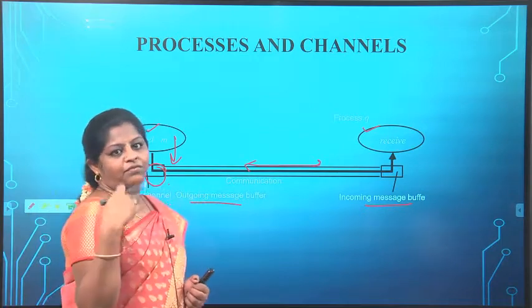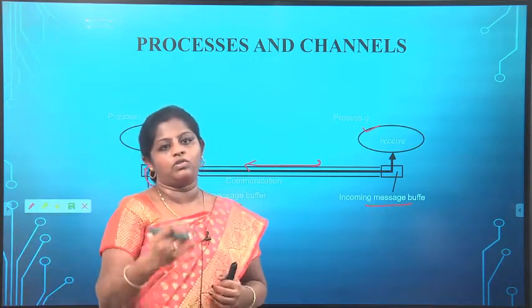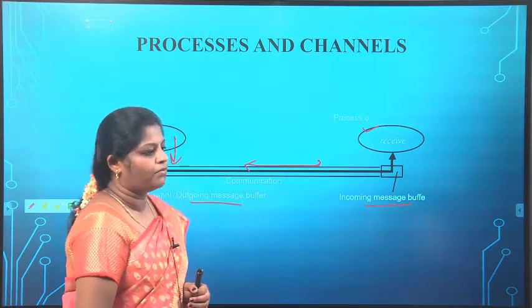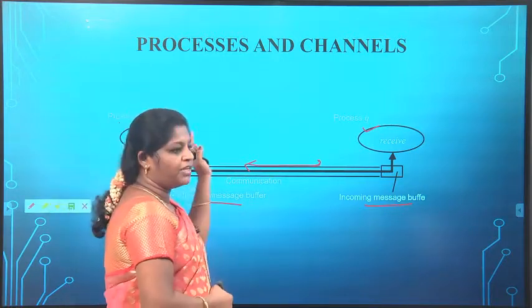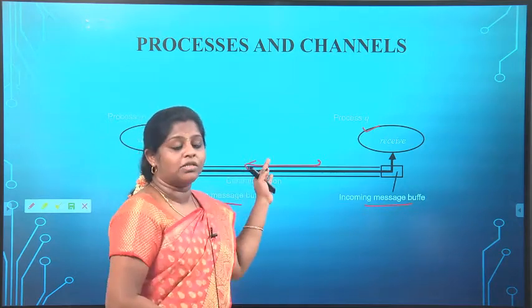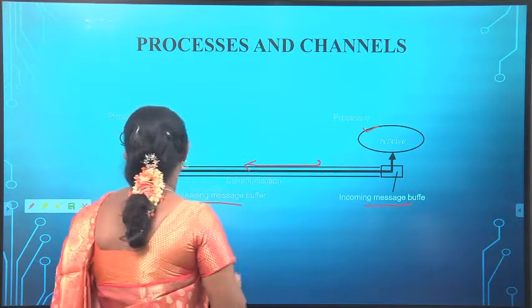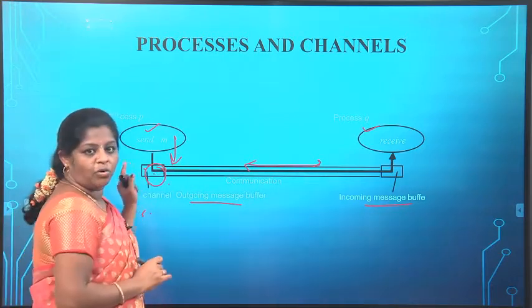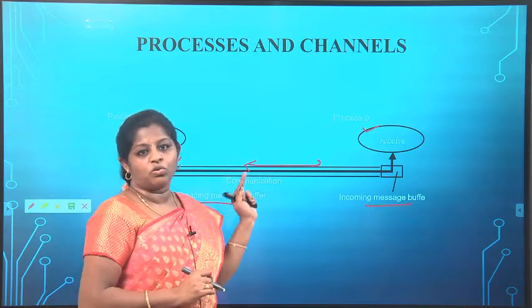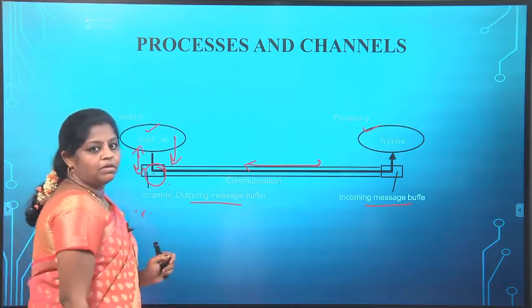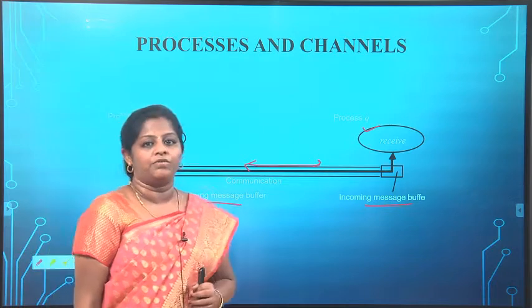If I send 5 messages, how do they reach you one by one? There will be some buffer. The same thing here: we have a buffer. So the sender is sending the message, but the outgoing message buffer does not receive it. There is a loss in between these two. This one we call a send omission failure.